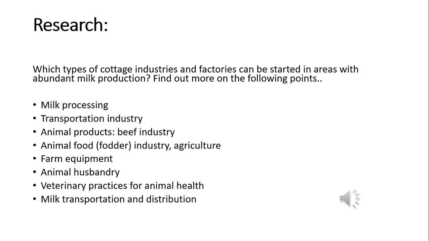Similarly, if you have more buffalo, cattle and bulls available in the area, then there will be industries based on animal products such as the beef industry. India is one of the leading countries where beef is produced, and it is exported to other countries where beef is consumed in large quantities.